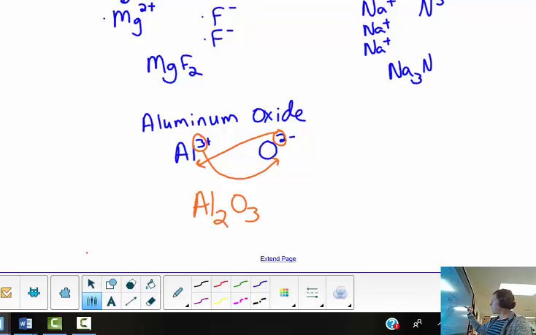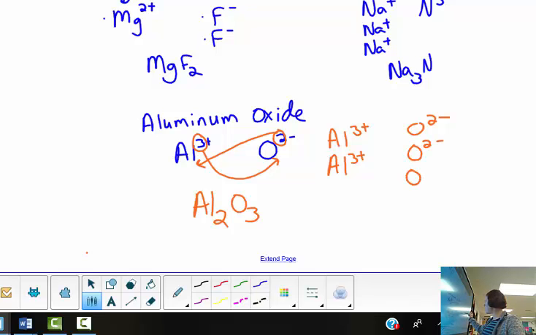We can go back and double check if you'd like. Al3+, and we said we're having 2 of them, so Al3+, Al3+. And then we have oxygen, O2-, and we're going to use 3 of them, O2-, O2-, O2-. Okay, 3+ 3+ gives us 6+ total.